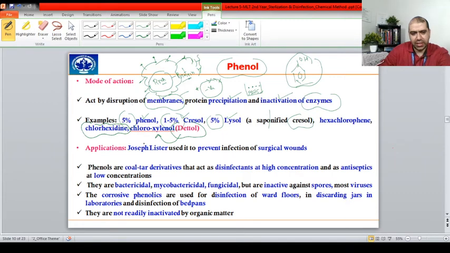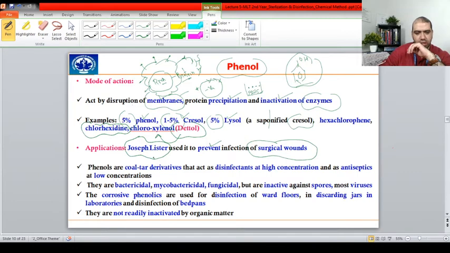So remember this, that the concentrate of Dettol is chloroxylenol. Now applications: the first application where phenol was used was by a surgeon called Joseph Lister, and he used it to prevent infections during surgical interventions.